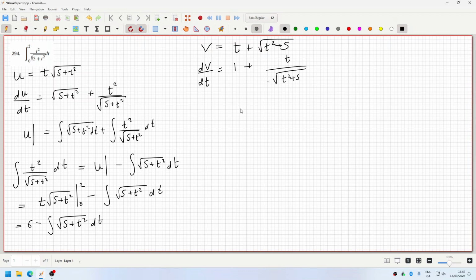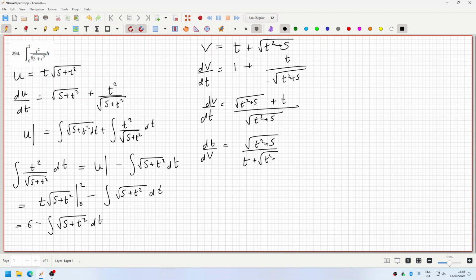Now dv dt equals root t squared plus 5 plus t over root t squared plus 5. So that means dt dv equals root t squared plus 5 over t plus root t squared plus 5. Bring the dv over.